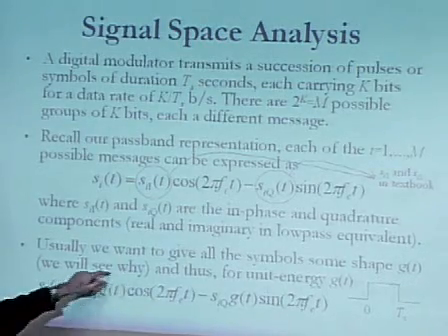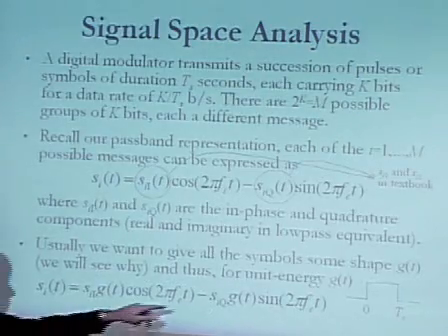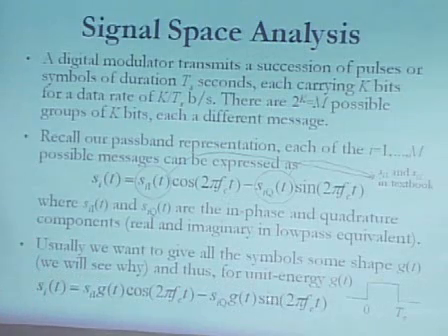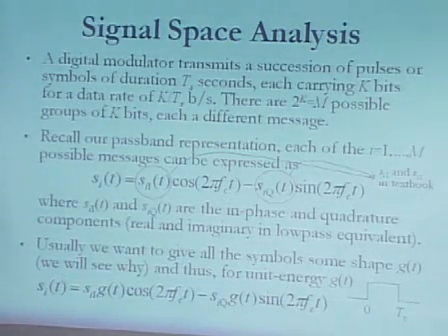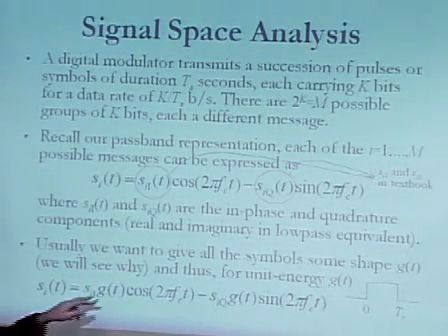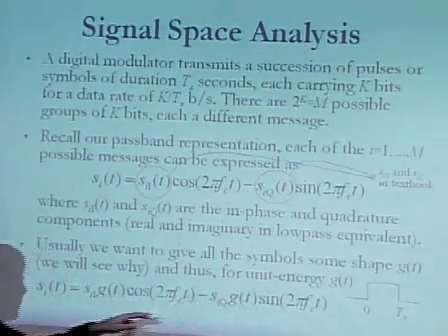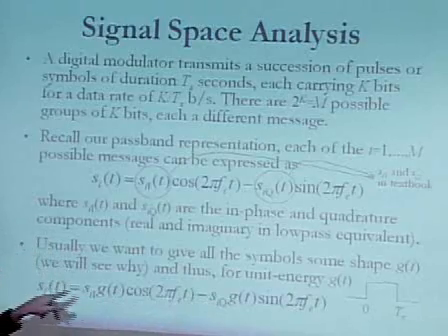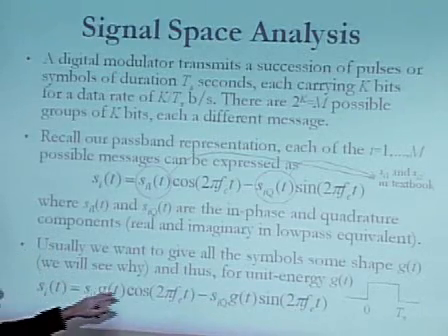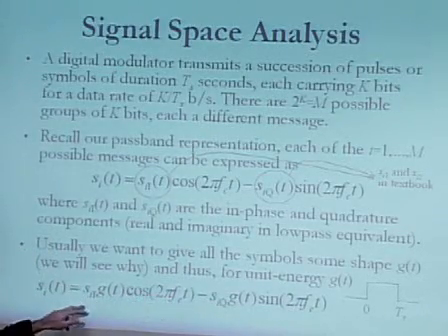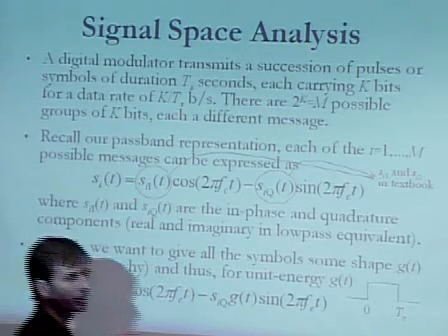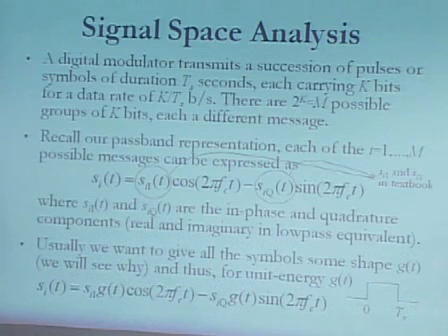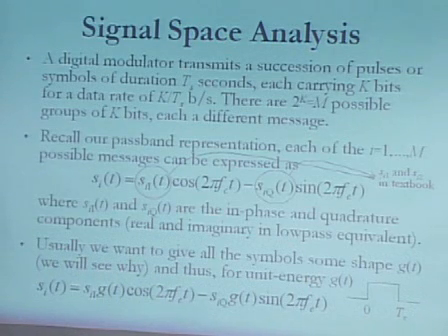Times the cosine, minus the quadrature coefficient times the same g of t times the sine. One could in general think about having different shapes for the in-phase and quadrature, but we're going to consider always the same g on both. In theory one could have different shapes, but it's not really done in practice, so we're not going to consider that. That's the starting point for our derivations. Everything fine so far?